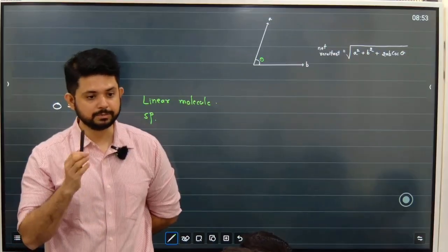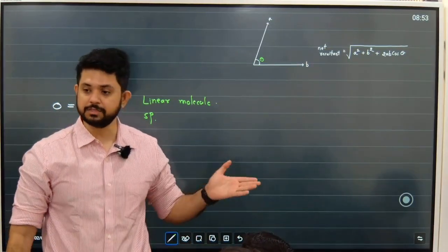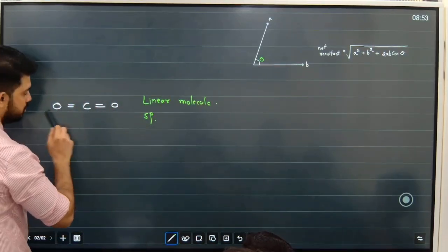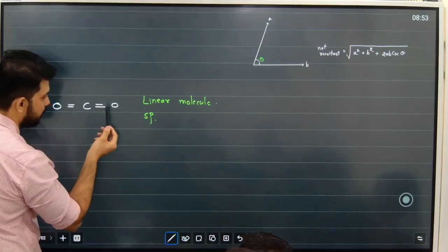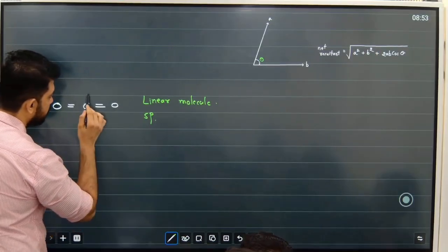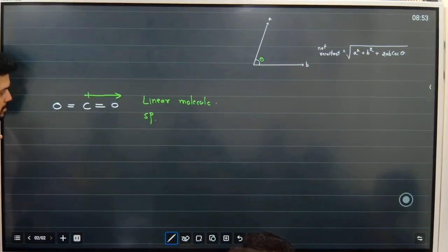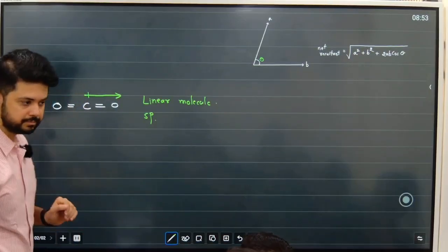Now, how do I experimentally verify this? Dipoles help us experimentally verify it. See, CO2: in carbon and oxygen, who's more electronegative? Oxygen is more electronegative, so the dipole direction will be like this, going from the electropositive element to the electronegative element.